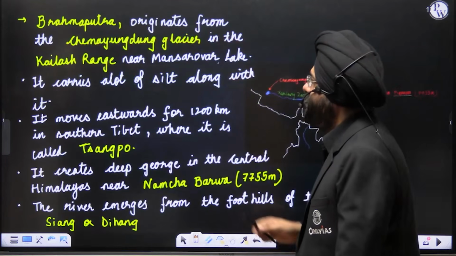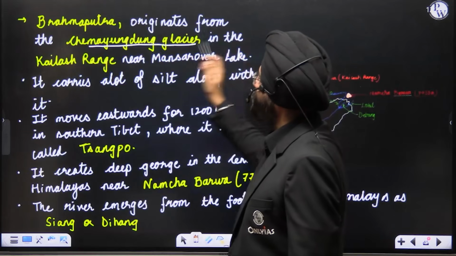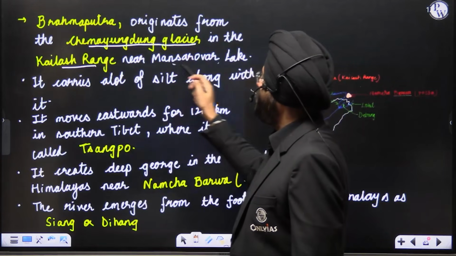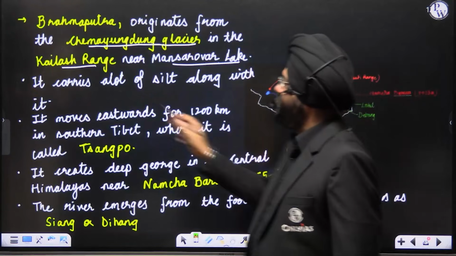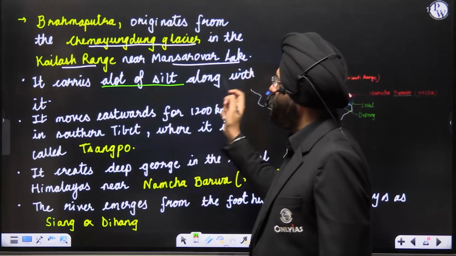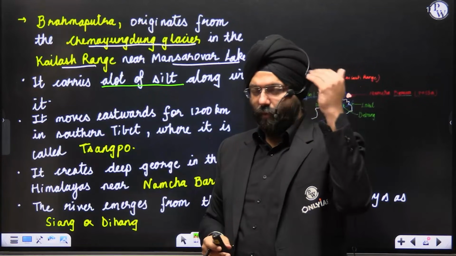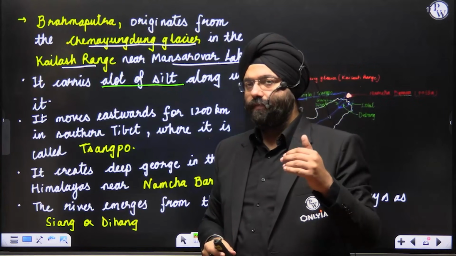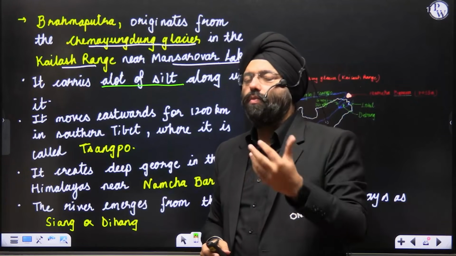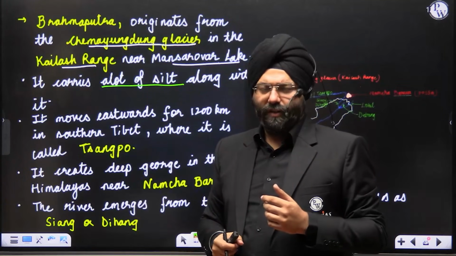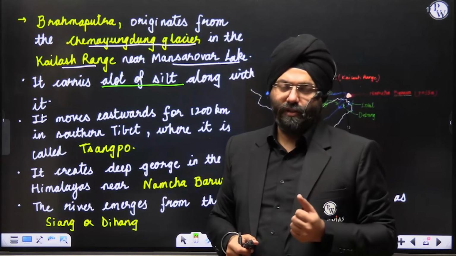Let's see. Brahmaputra originates from the Chemayungdung Glacier in the Kailash range near Mansarovar Lake, right? It carries a lot of silt along with it. Understand, what happens is that because it is eroding the region of Tibet, those erosional activities basically lead to a lot of silt coming along with the Brahmaputra river, which is known as Tsangpo in the Tibetan region, right?